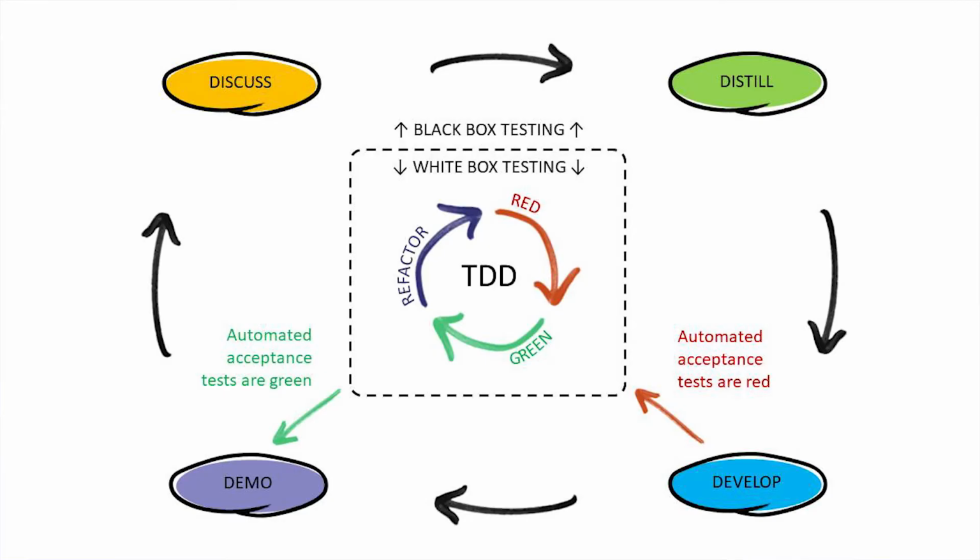The TDD cycle sits in the middle of this, and when you get to your develop stage and you have a set of automated tests of executable requirements, at that point you can then start using TDD from an outside-in perspective to start with, and then classic TDD once you've identified your collaborators to implement the code.